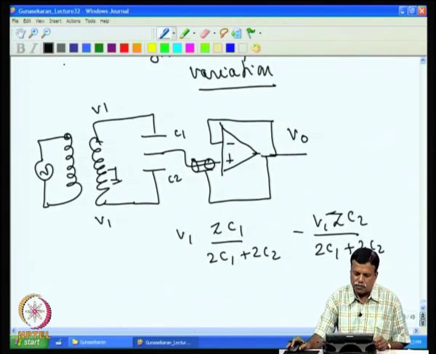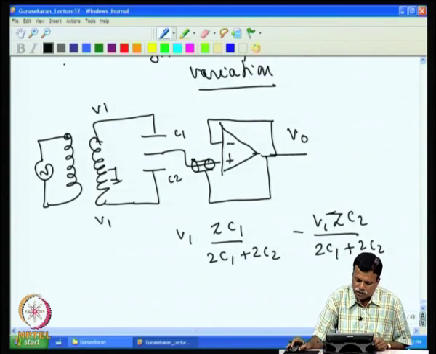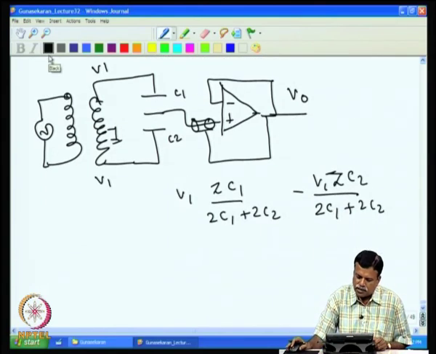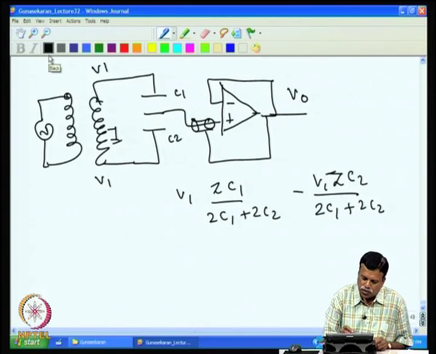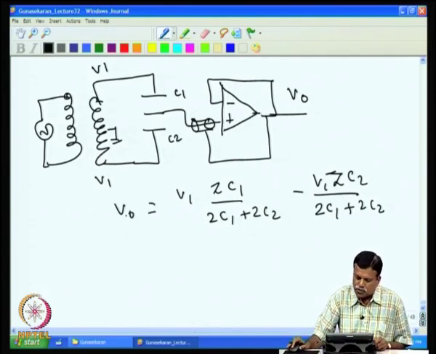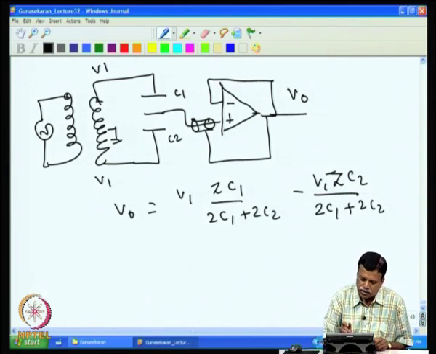Now, it is similar to what we had, except that ZC1 and ZC2 give V naught. Now, we can show that this is also nonlinear.